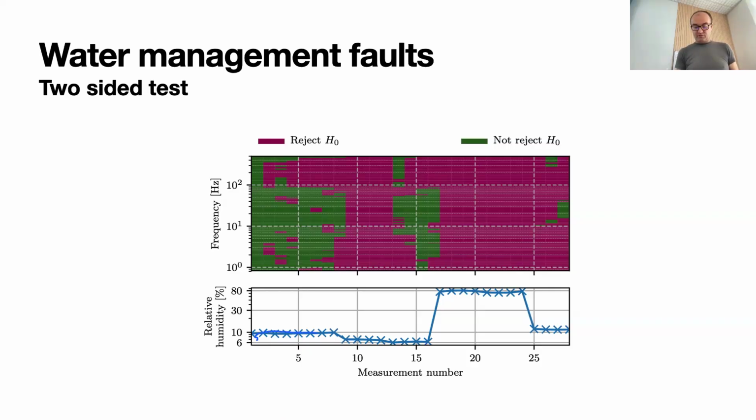Then it went through a drying phase. Then it went through a flooding phase. And then we put it back to a nominal phase, whatever that means. Actually, we return the humidity of the PEM membrane to its initial condition.